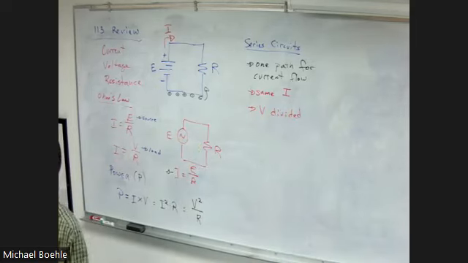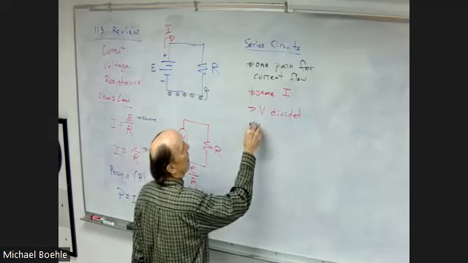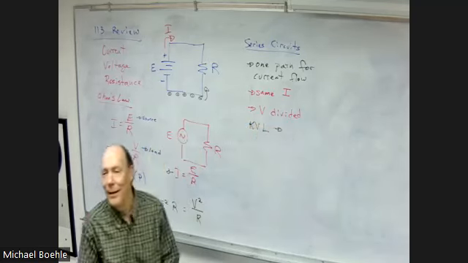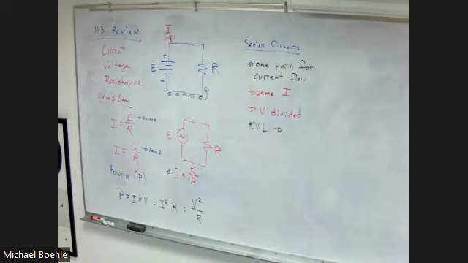Now, in that chapter, we also introduced Kirchhoff's voltage law. What did Kirchhoff's voltage law tell you? The algebraic sum of voltages around a closed loop is equal to 0.